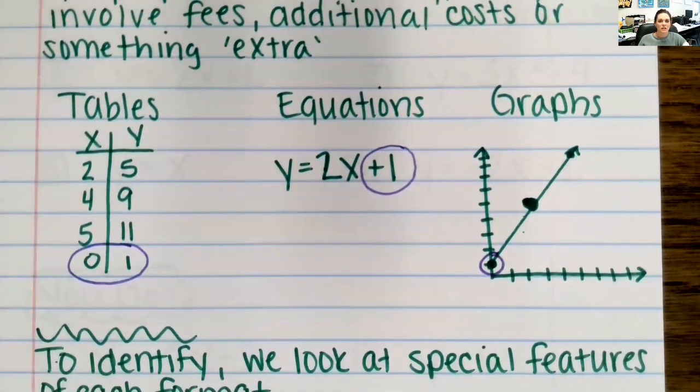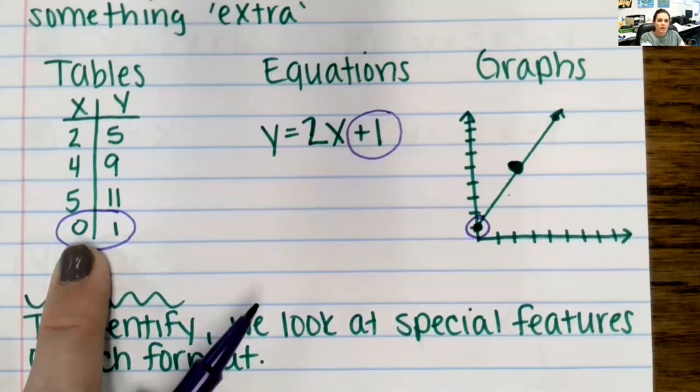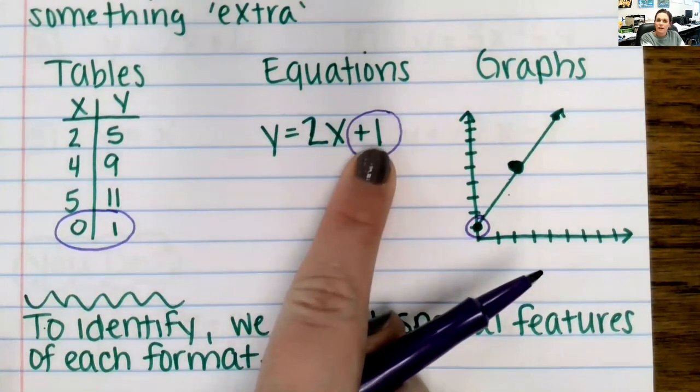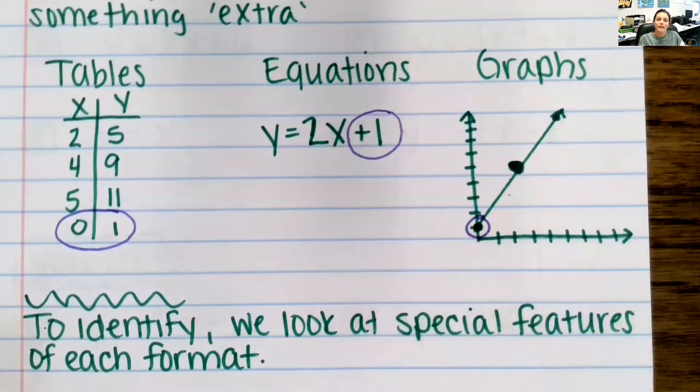Then I have just a quick sentence to write alongside this. To identify, we look at the special features of each format, and those are what we just highlighted and circled. Again, we're looking for 0 in our table, the tail of our equation, and not through 0, 0 in our graph.